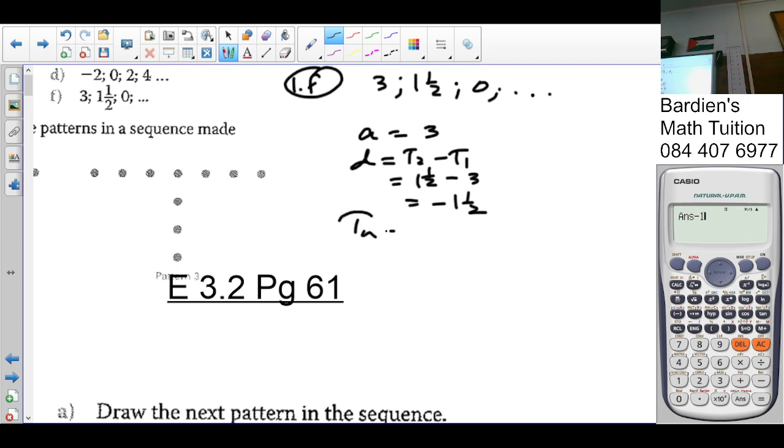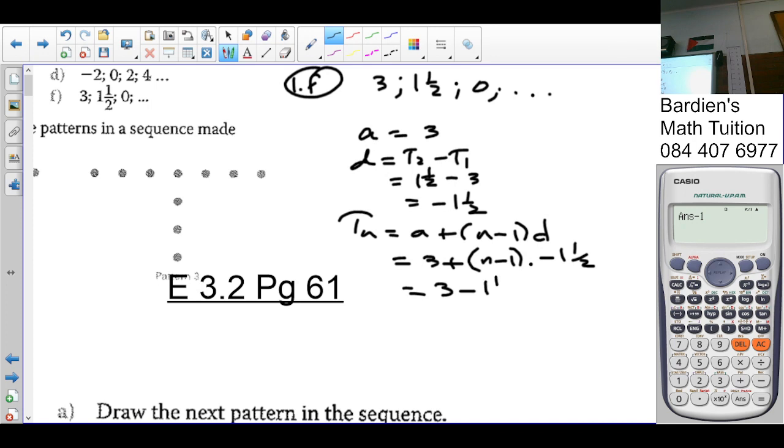So Tn is equal to a plus (n minus 1)d. So your a value is 3 plus (n minus 1) times negative 1.5. It will be 3 minus 1.5n plus 1.5. So it's minus 1.5n plus 4.5.